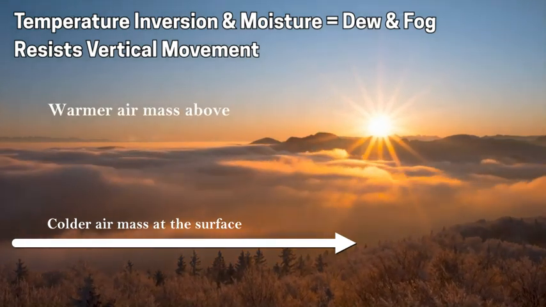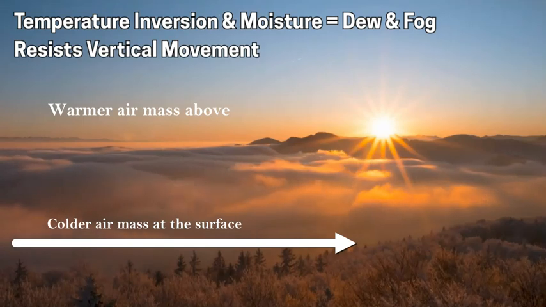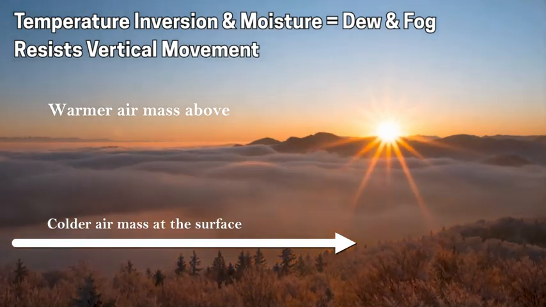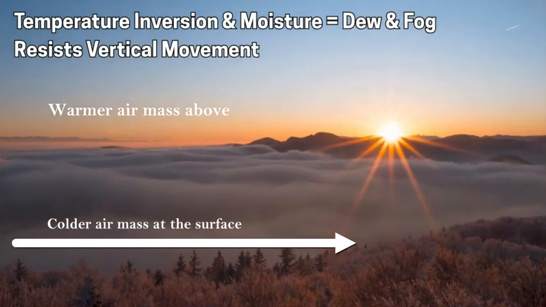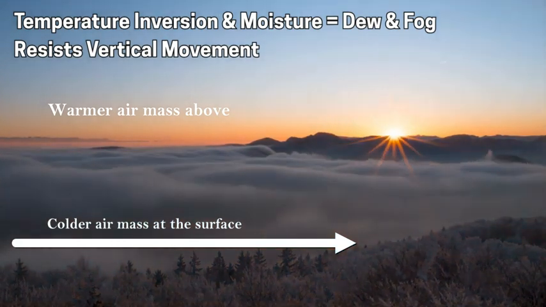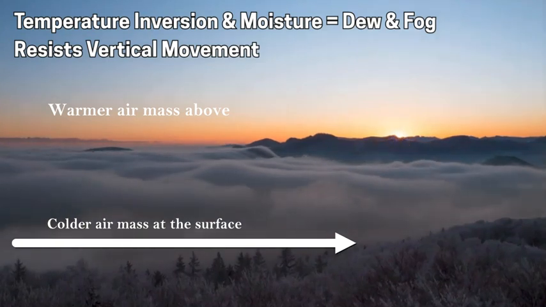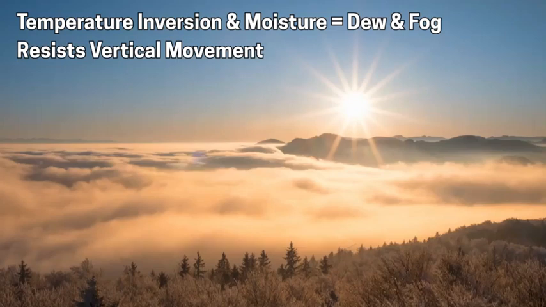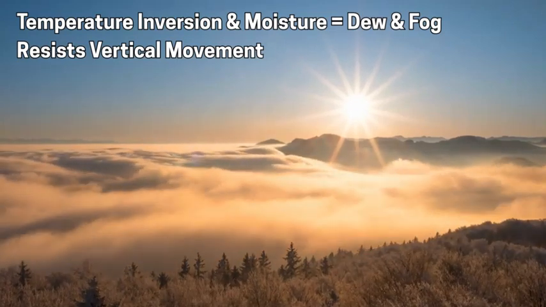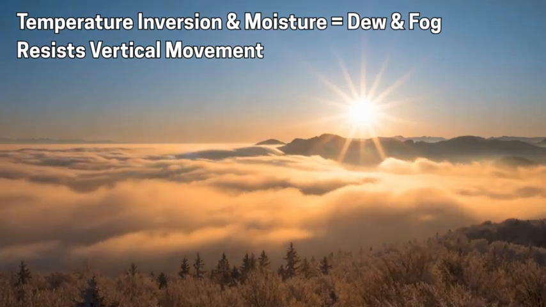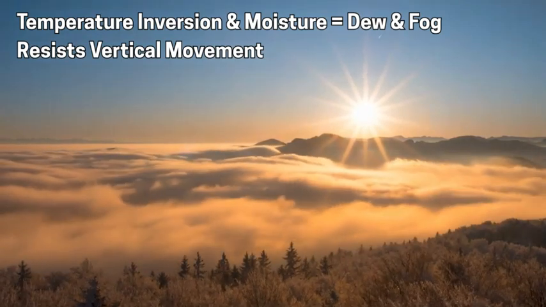Now, the inversion is where the cold air mass sits by the surface, and this can change in thickness. It doesn't have to be a large amount of cold air mass or a large change in temperature between the warm and cold. But when you add in that small difference in temperature, with the colder air towards the surface and the warmer above it, you can create this inversion.